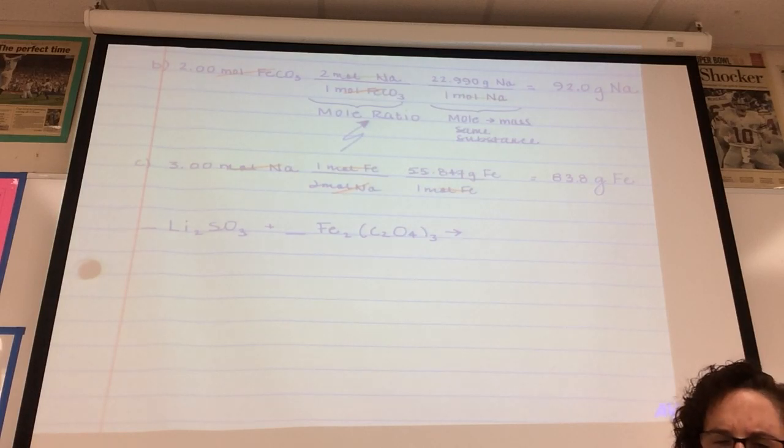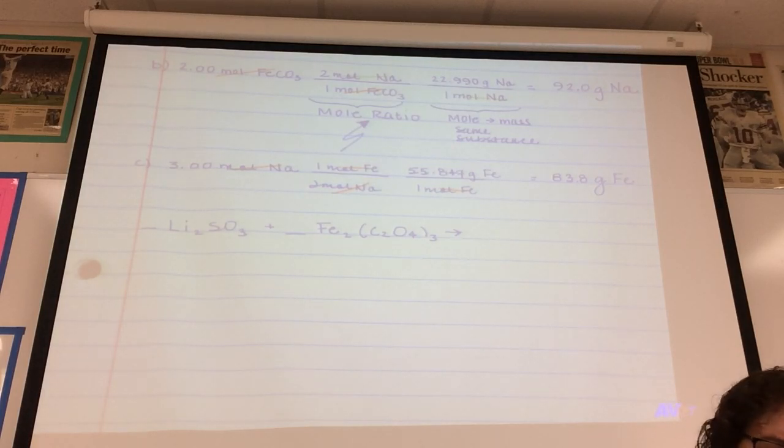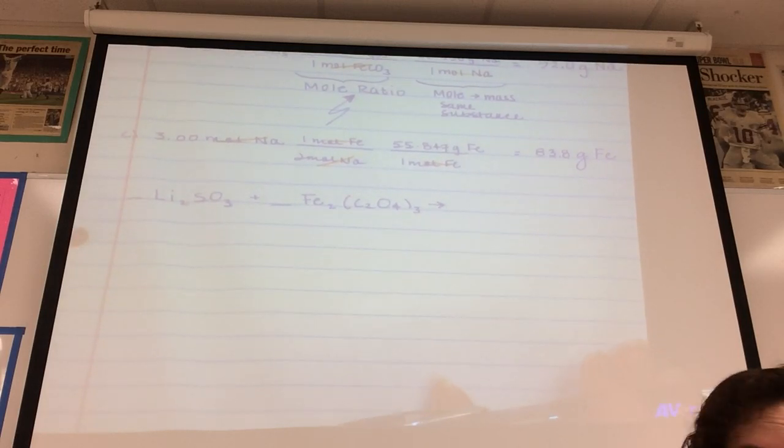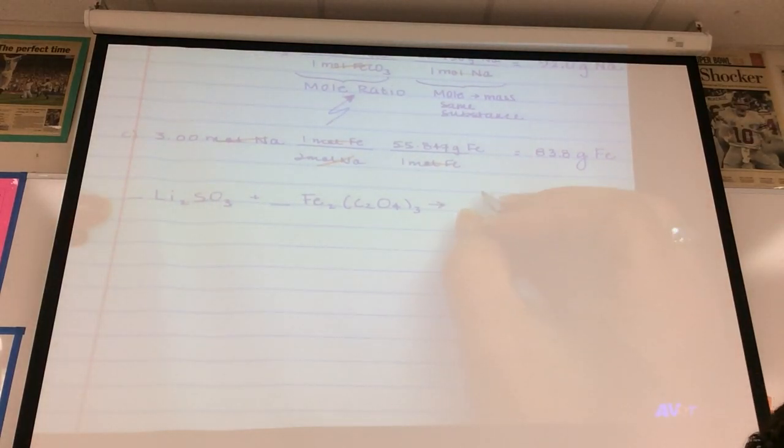Single or double replacement? Double. So that's the only information given, but you are very solid with your prediction. So you get lithium oxalate and iron(III) sulfide.